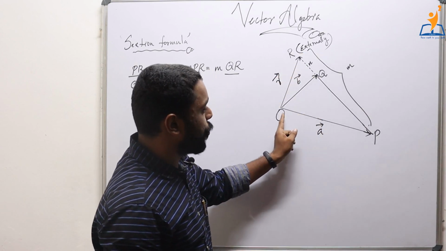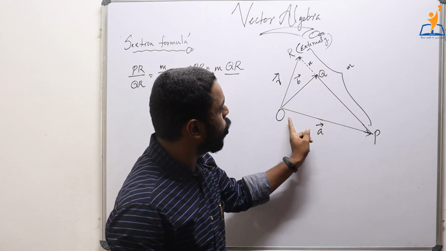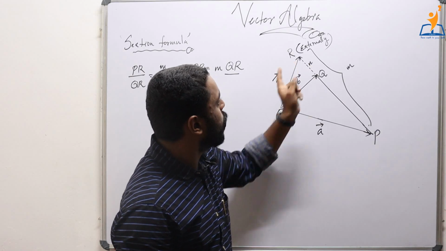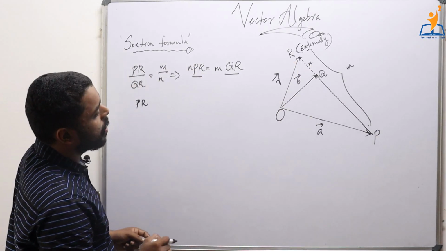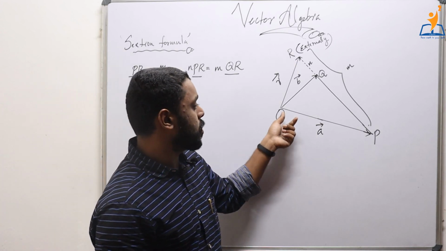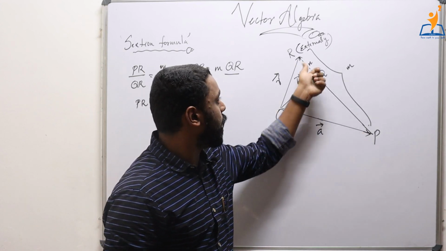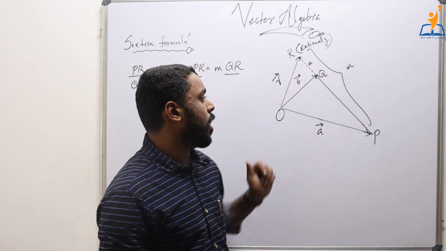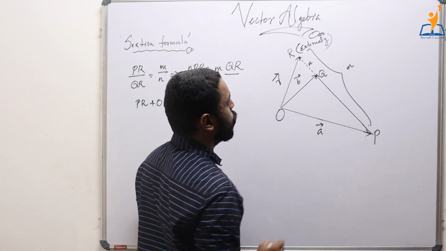By triangular law of vector addition, OP plus PR is the resulting vector OR. Sorry, I had said it wrongly.